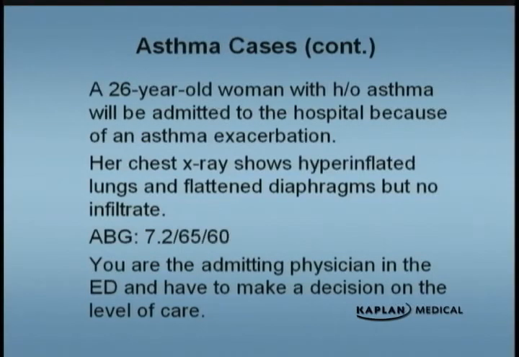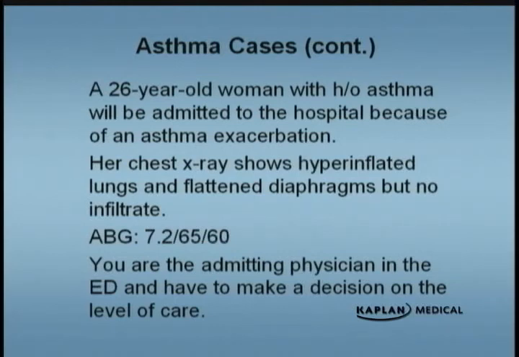A 26-year-old woman with a history of asthma will be admitted to the hospital because of an asthma exacerbation. Her chest x-ray shows hyperinflated lungs and flattened diaphragms, but no infiltrate. Her ABG pH is 7.2, so that's less than 7.4. She's acidemic. Her CO2 shows significant retention, above 40.